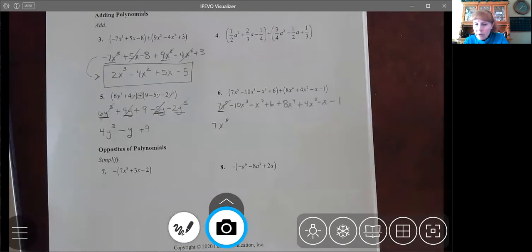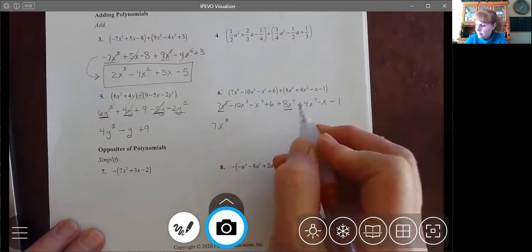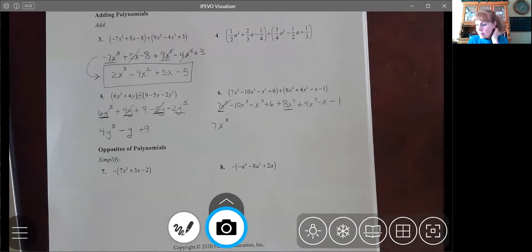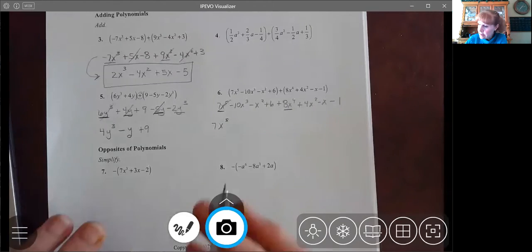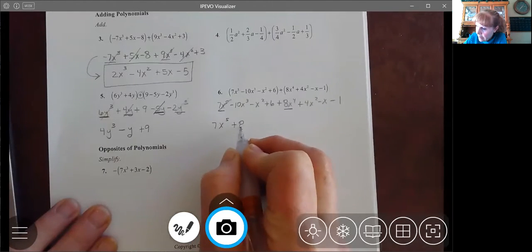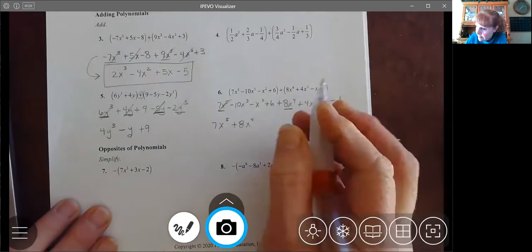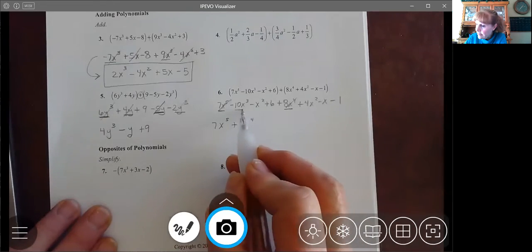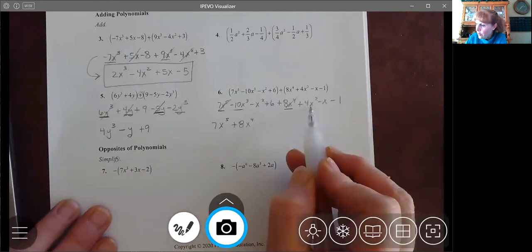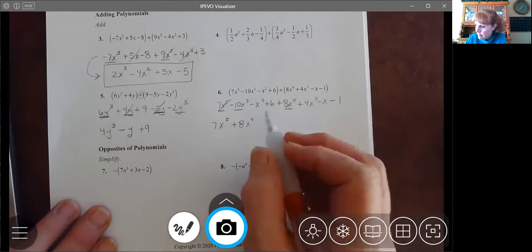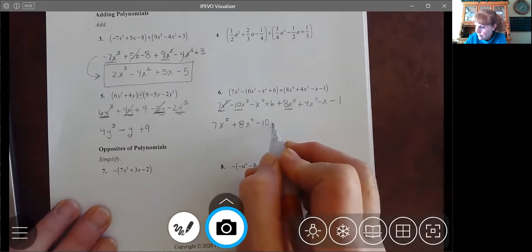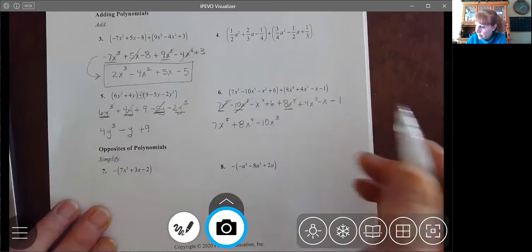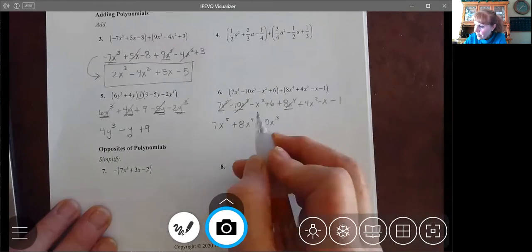The next power is x to the 4th. That's right here. There are no other x to the 4ths, so it's got to stay by itself. Cannot combine the coefficients in front. X cubed. There's only this x cubed, so it will stay by itself. X squared. Oh, great.